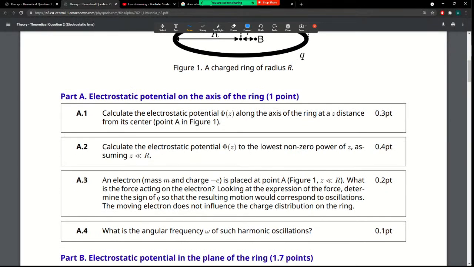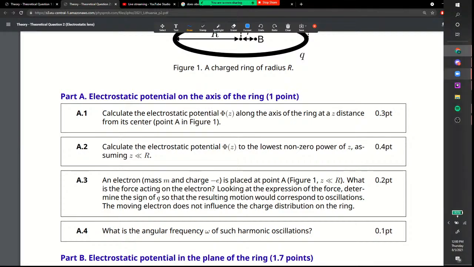An electron of mass m and charge minus e is placed at a point A where z is much less than r. What is the force acting on the electron? Looking at the expression of force, determine the sign of q, so the resulting motion would correspond to oscillations. The moving electron does not influence the charge distribution on the ring.